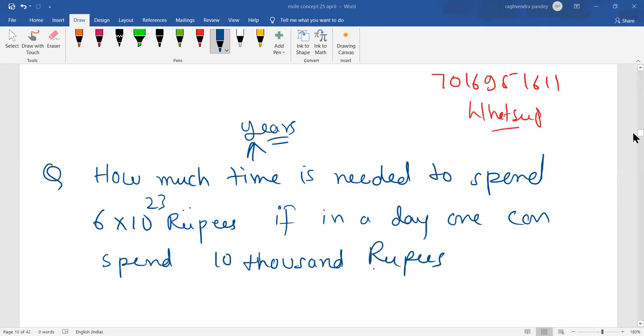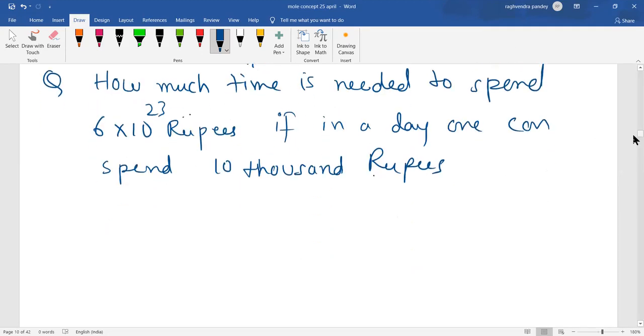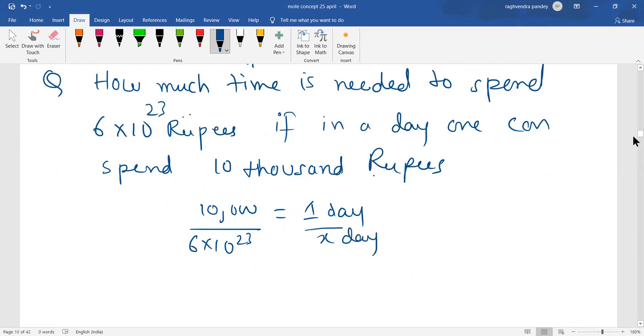Okay, so I am just solving for you. 10,000 rupees in one day, and 6 into 10 to the power 23 rupees in how many days?